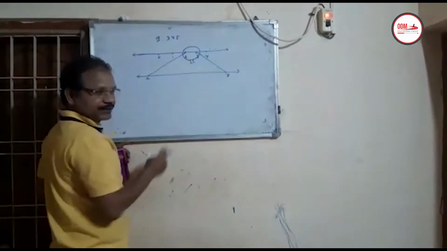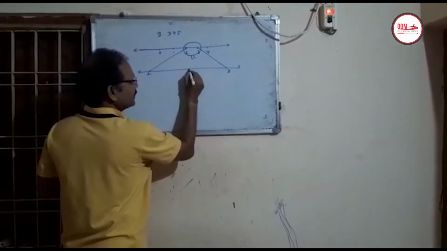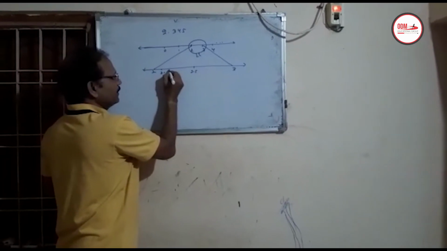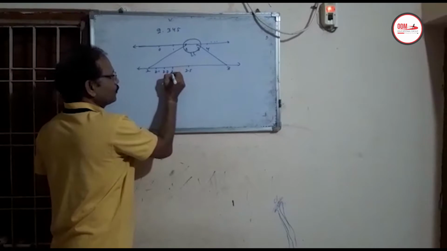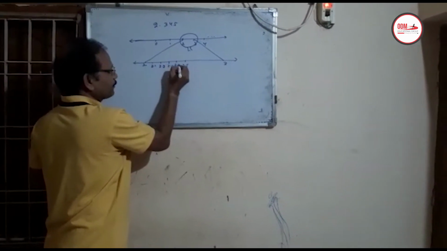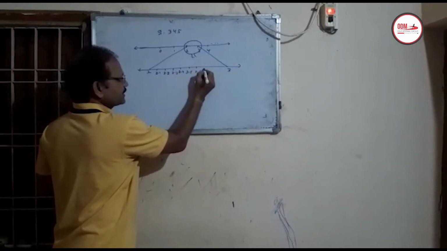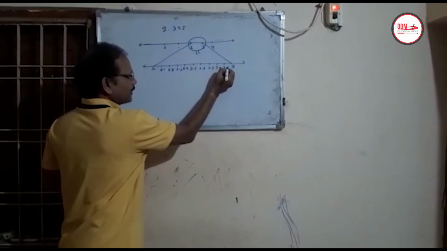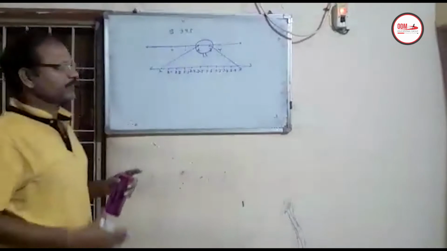Now it will be divided into 10 equal parts, we know it. So this is 2, the middle point is 2.5, this is 2.1, 2.2, 2.3, 2.4, 2.6, 2.7, 2.8, 2.9, this is 3. 10 equal parts.